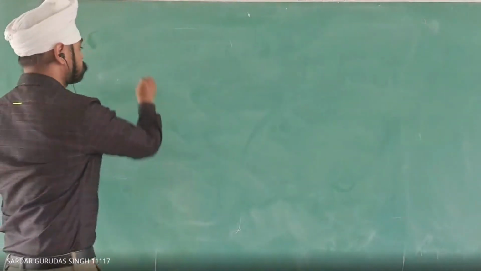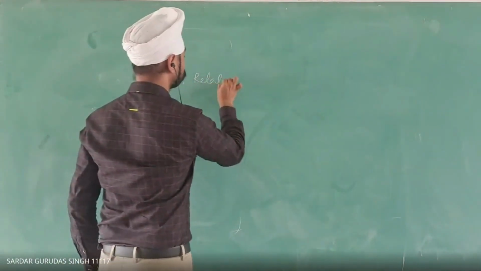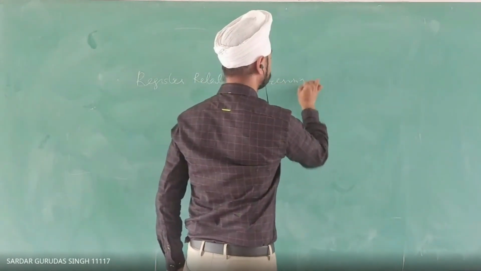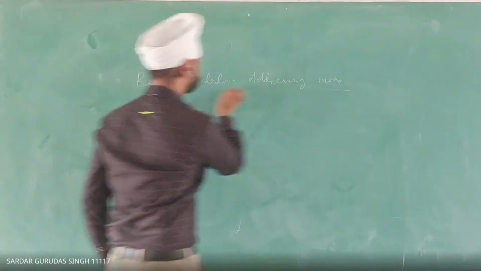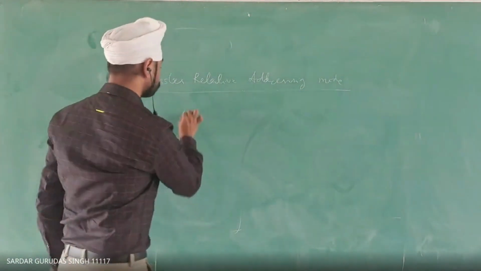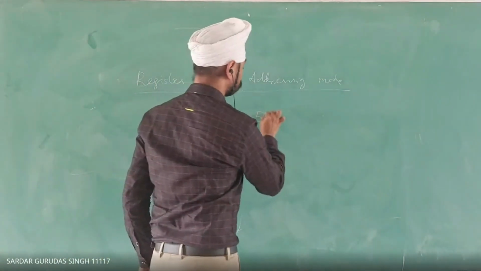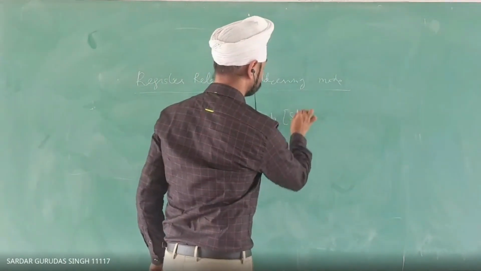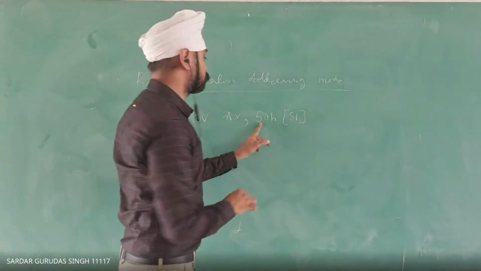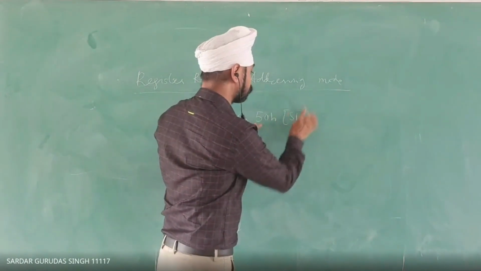The next one is register relative addressing mode. In this particular addressing mode, for instance, if I write like this, move AX comma, see, this 50H is a displacement from SI content.